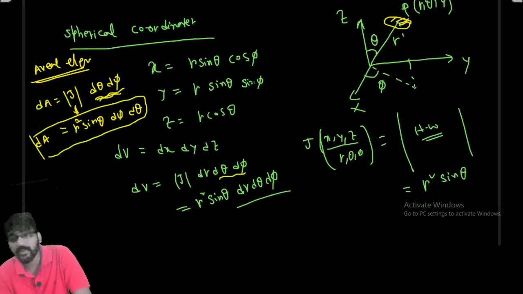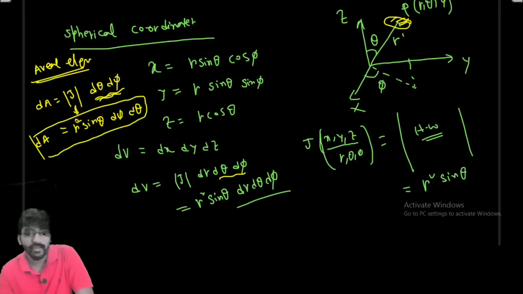But when it is a volume element, all three variables are used, r theta phi or rho phi z, and just multiply by mod J.